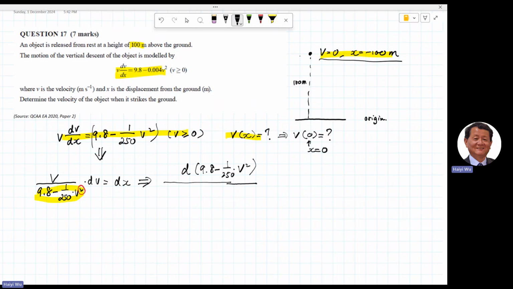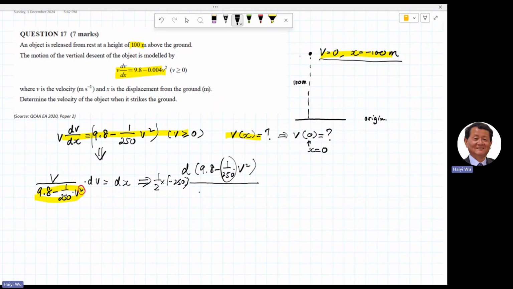I'm going to move v into the d. But if you integrate d, you must put a half in front, and you also need to multiply by the negative of the reciprocal, which is 250. So that's the front.